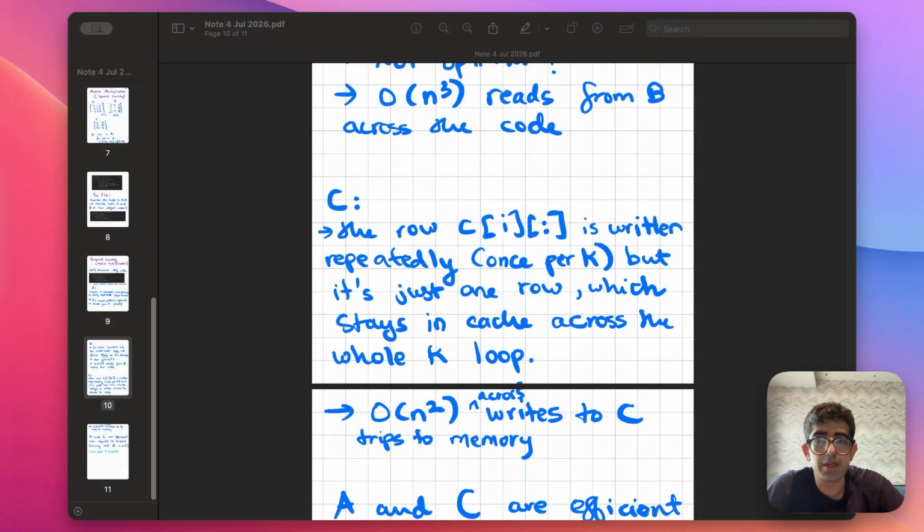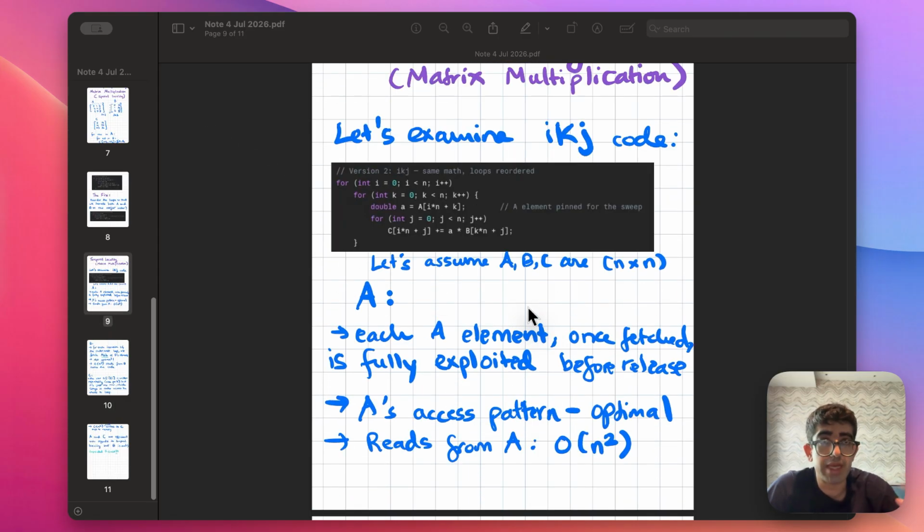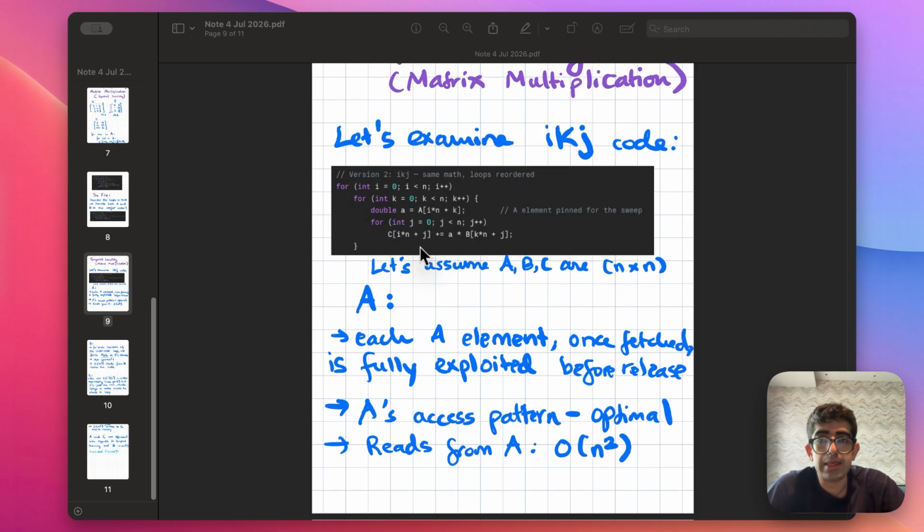And now finally, we can just take a look at the access patterns for matrix C. So for matrix C, we perform writes only, and the writes to C are performed in the innermost loop.